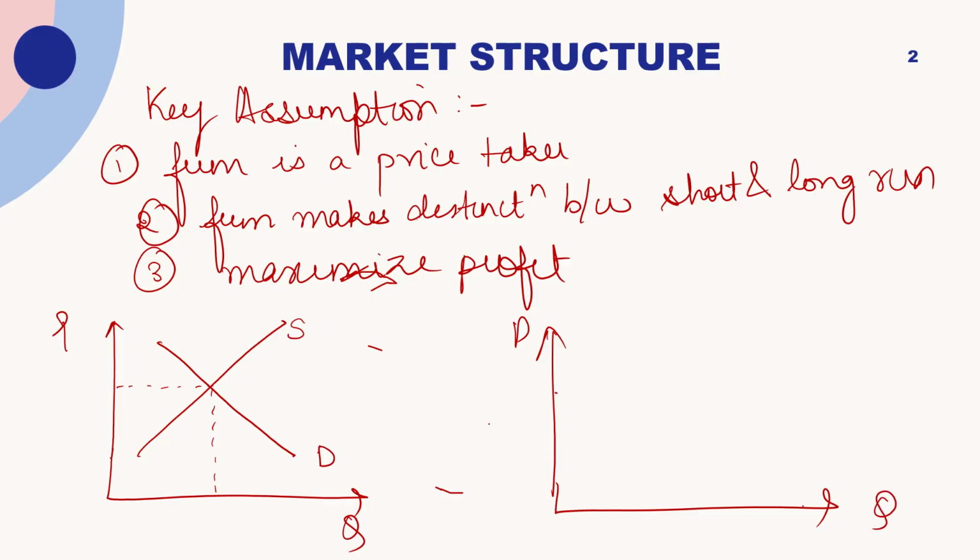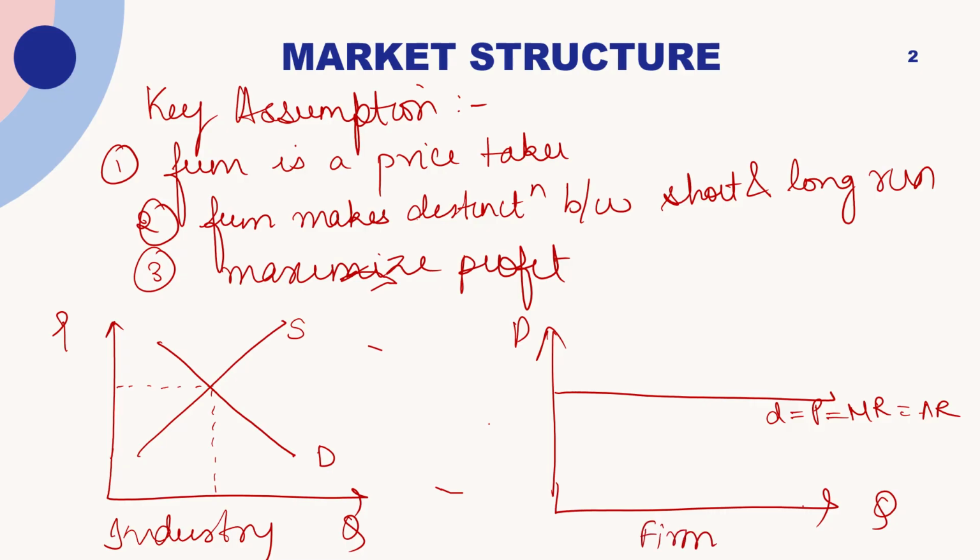But here we have a straight line where D is equal to P is equal to MR. This is equal to AR. So in the first case, we are talking about what we know as the industry. And in the second graph, we are talking about a perfectly competitive firm. Here we have a point E, and this point E shows where your supply and demand curves intersect each other.